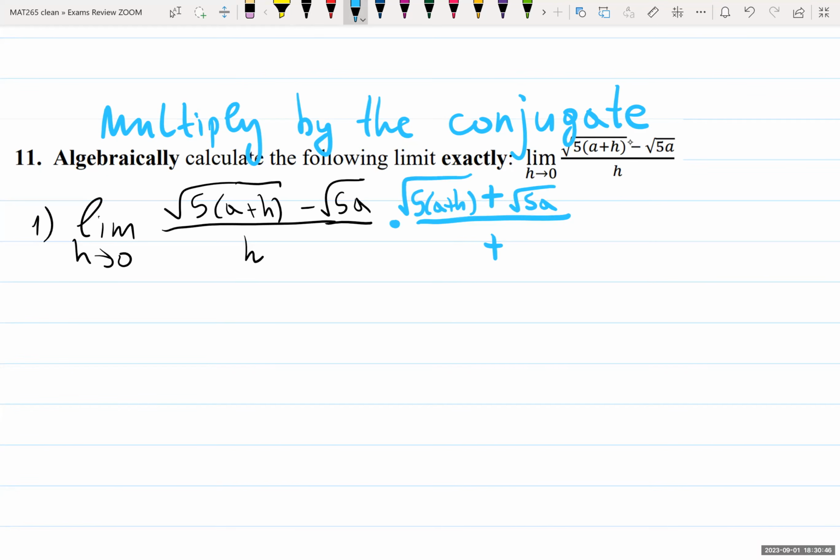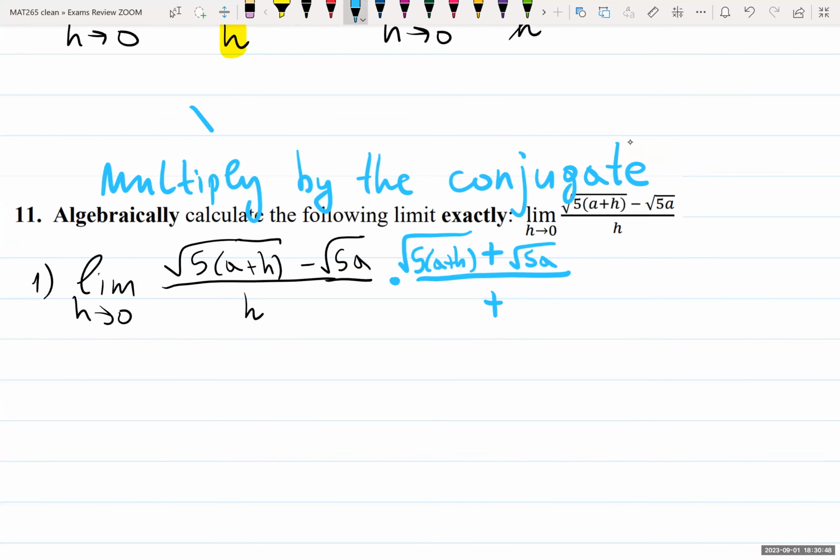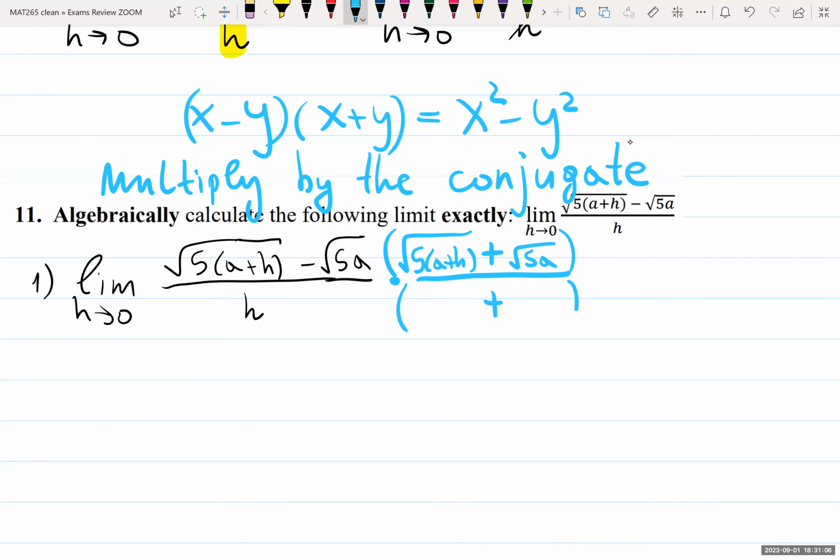And the goal is to create the formula x minus y times x plus y. When this formula is created, I will square the first term minus square the second term. And it works well because of the square roots. They will go away. But you cannot multiply by stuff just because you want it. If you multiply it, you have to divide.